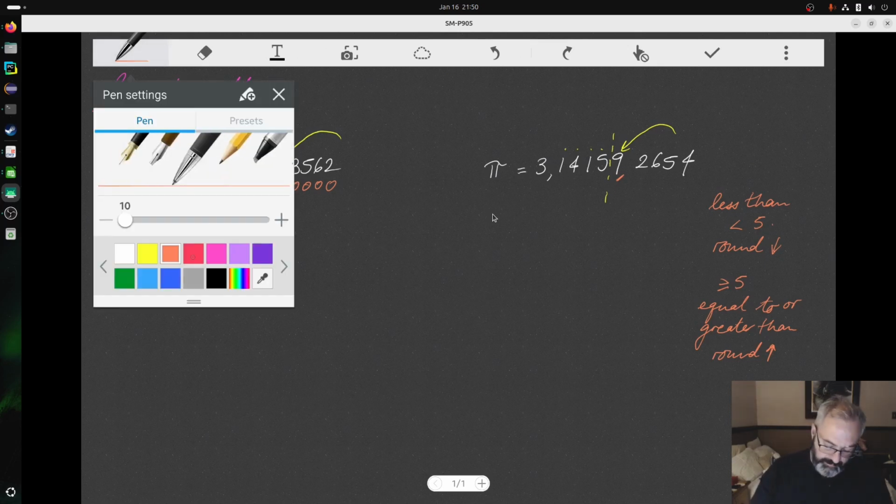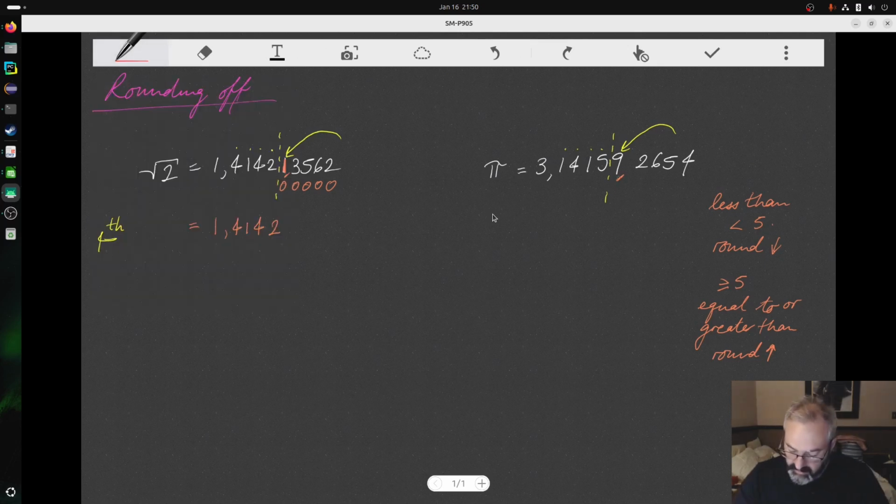So now, this number, the number 9, which is now directly after our imaginary line, is greater than 5. And now we must round upwards. Now when we round upwards, it means that we are counting upwards from wherever that number was.